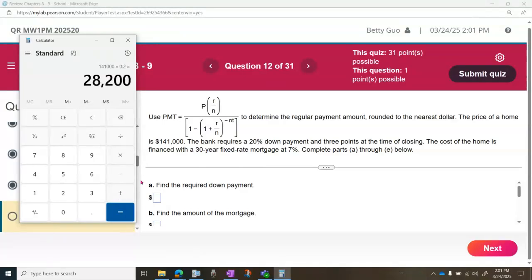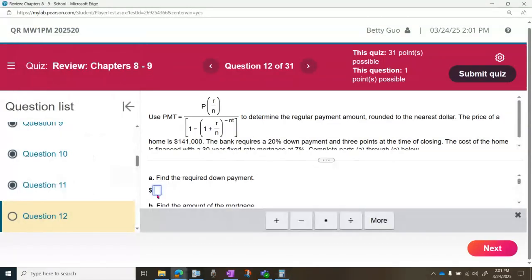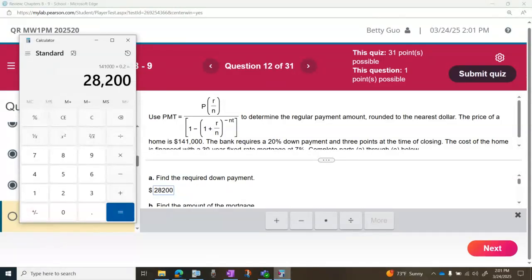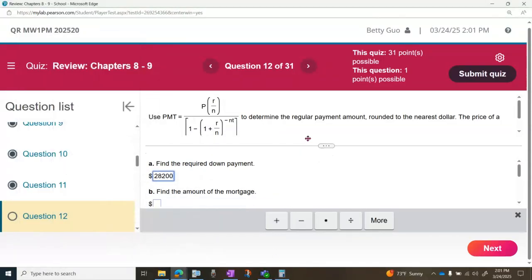Down payment is $28,200. Okay, that's part A.